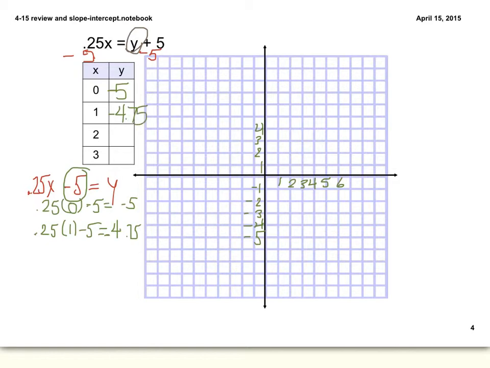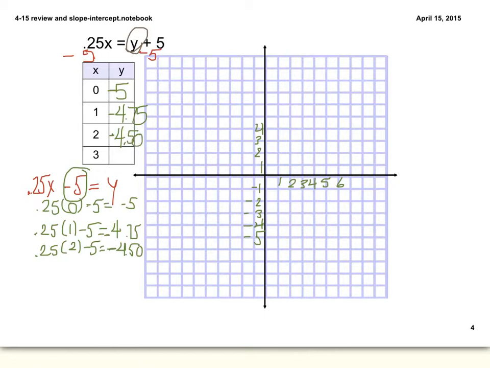Next one, 0.25 times 2 minus 5 equals, I have 0.50 minus 5, which gives me negative 4.5.